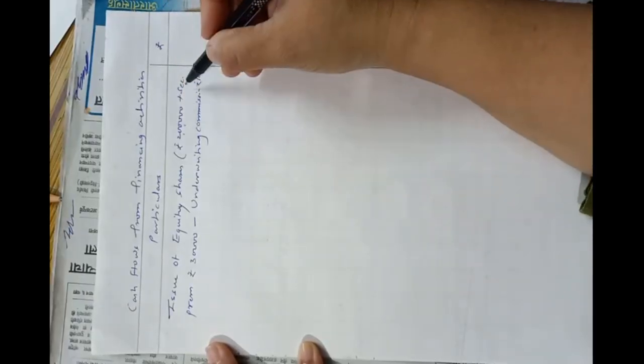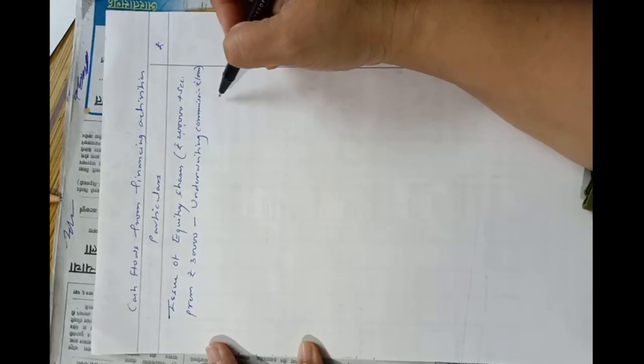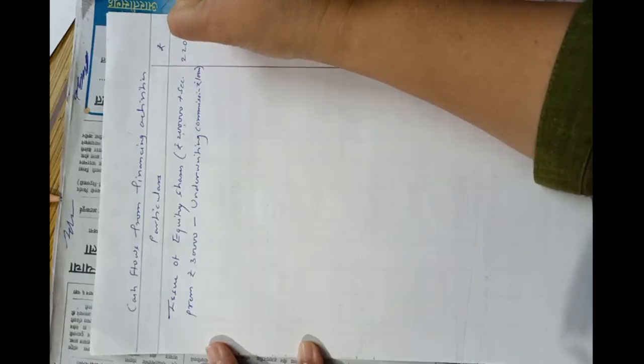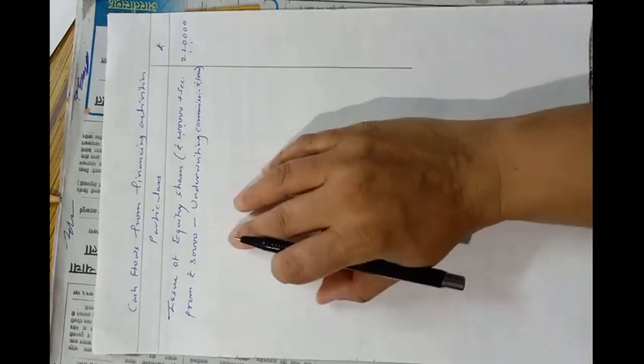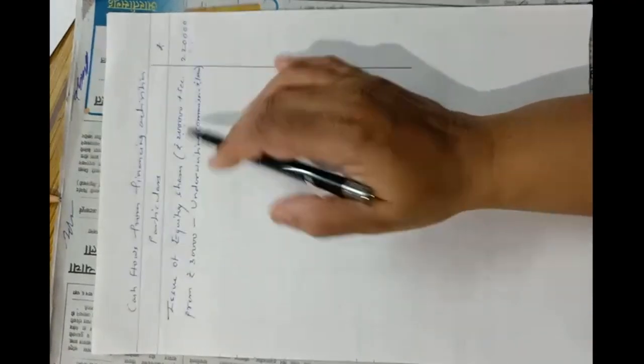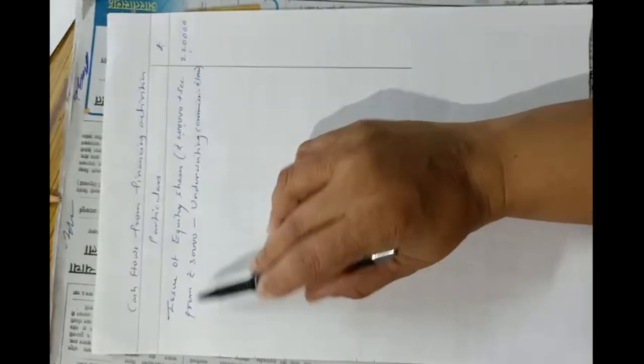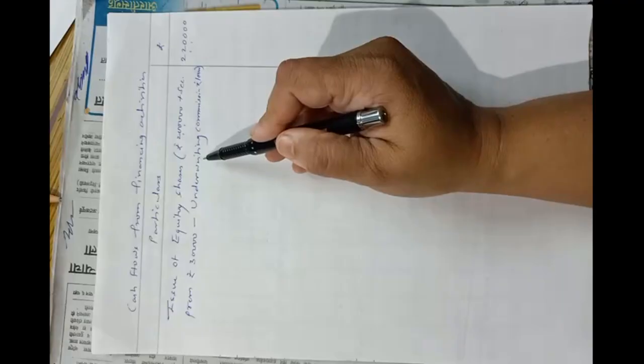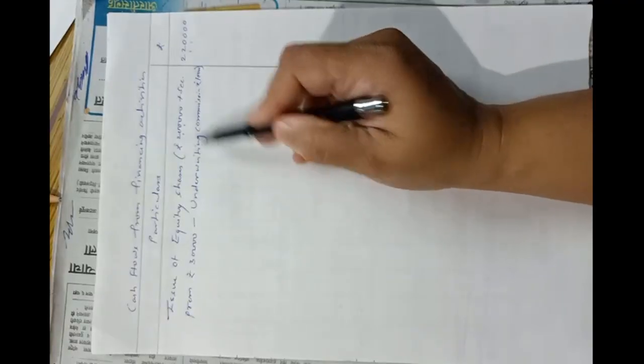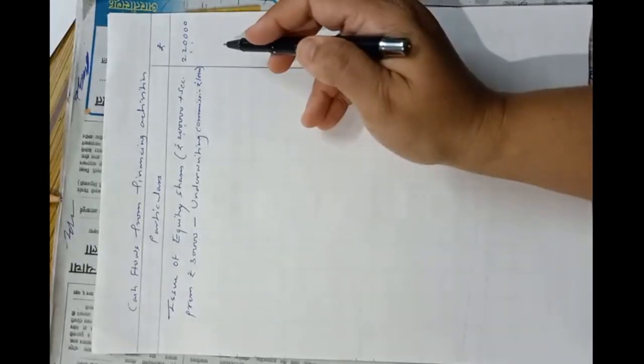So 2 lakhs plus 30,000 minus 10,000, the amount will be 2 lakhs 20,000. Understood? Otherwise, you can also write issue of equity shares, security premium on issue of equity shares and underwriting commission on equity shares separately and then write the total amount.